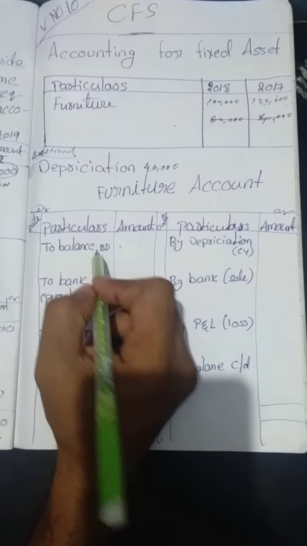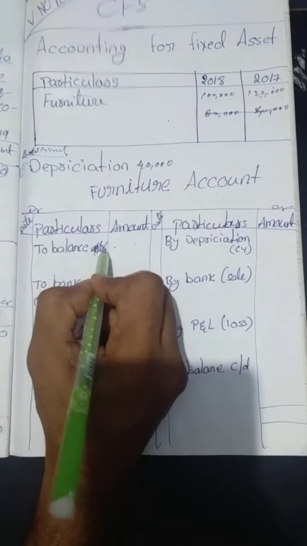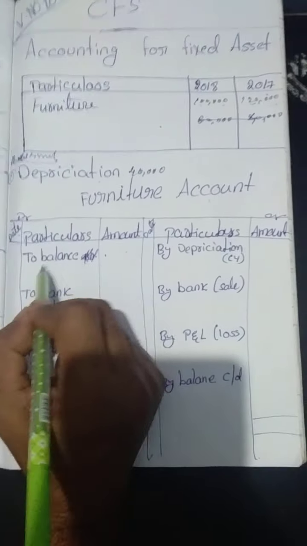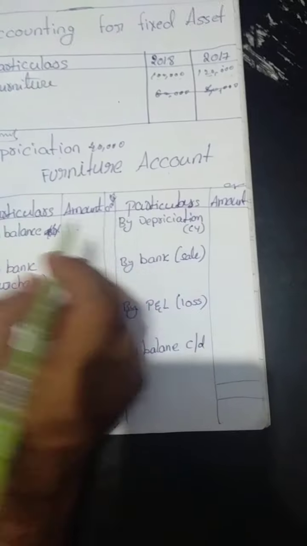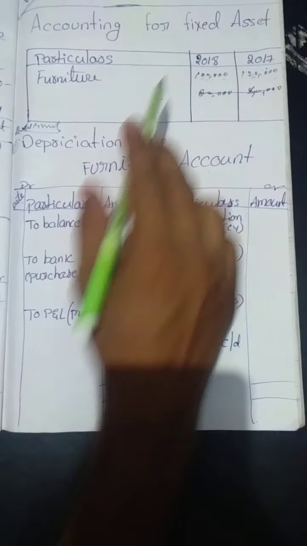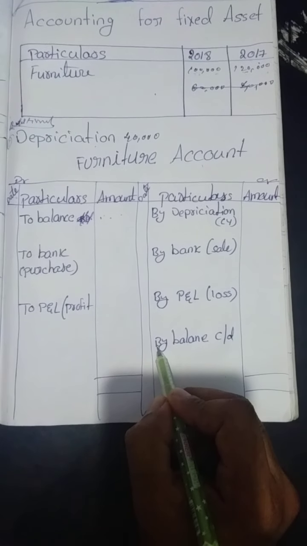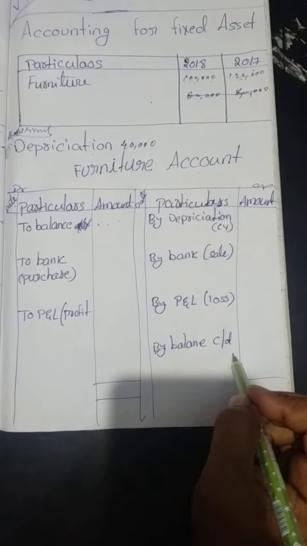That is why we mention the balance brought down (balance b/d) on this side. Here the furniture balance for the current year is the balance carried down, which we show on the credit side.